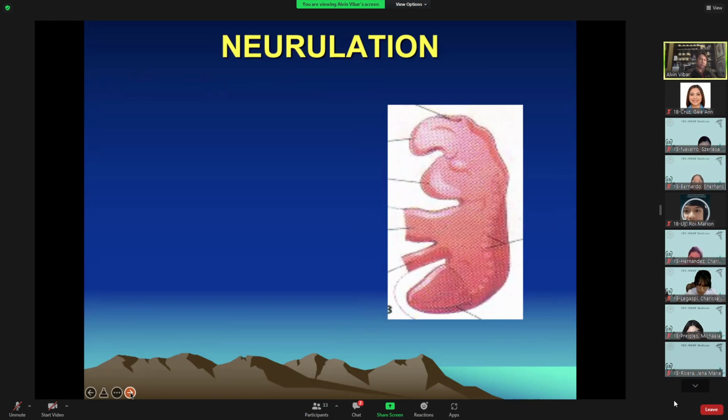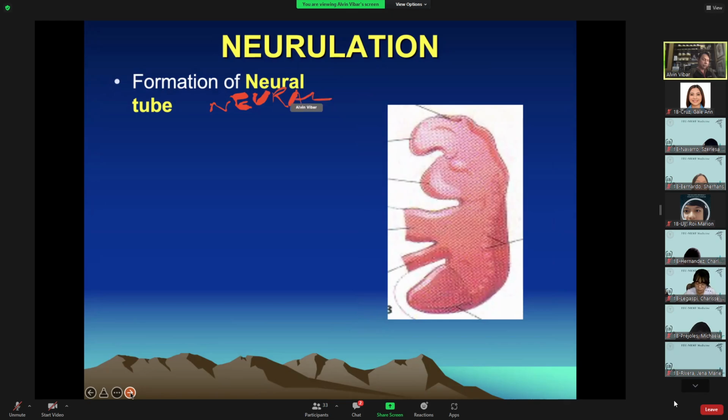At the end of neurulation, important structures will be formed: the neural tube and the neural crest. These are two important structures to remember for this lecture.